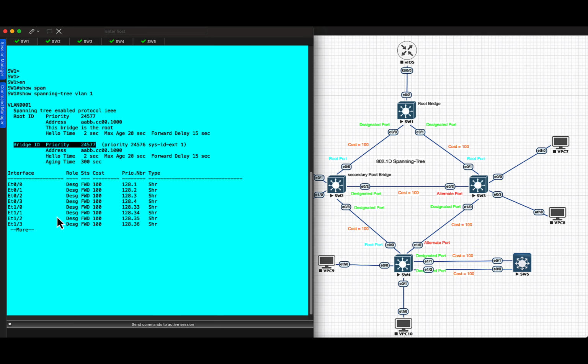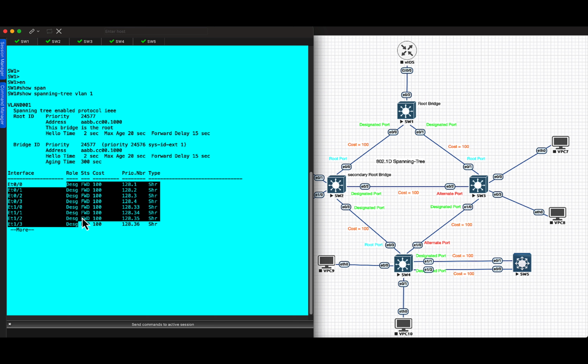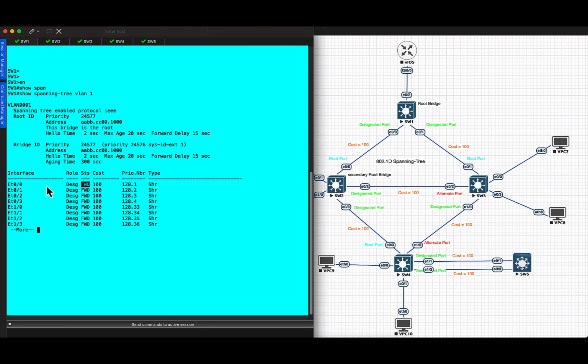And for the switch that is root, all of its interfaces have a designated role and are in forwarding state. The cost is basically the speed of the link. Assume that this link here is 10 megabit per second.